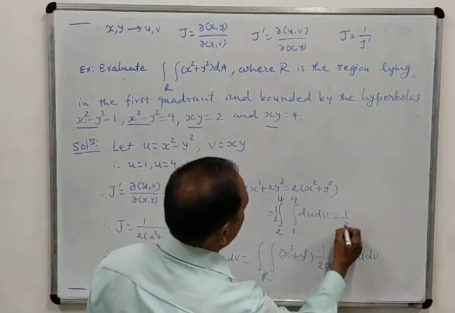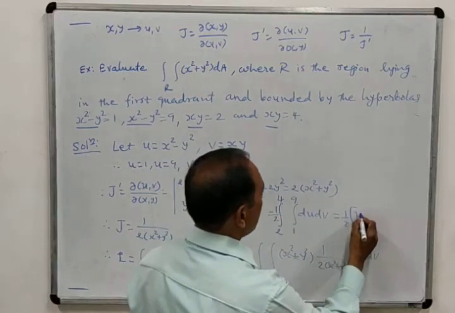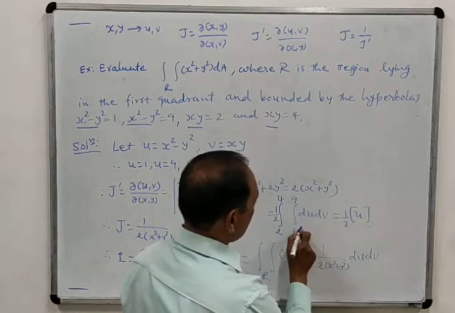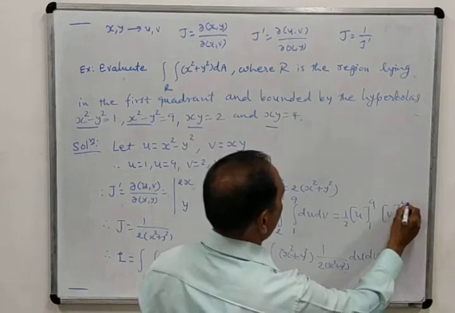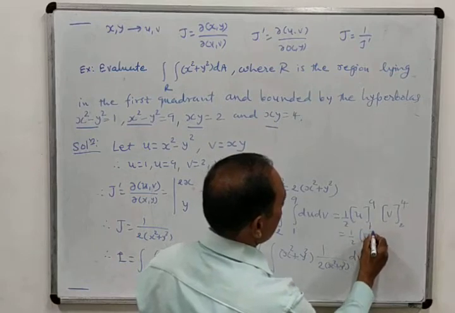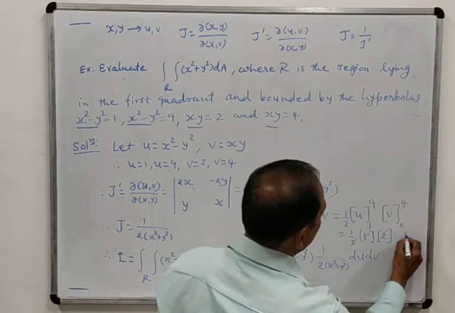So 1/2, here u and v are separated and these limits are also constant, so we can do this as the integral of du and the integral of dv. That means 9 minus 1, that is 8, and 4 minus 2, that is 2. So the answer is 8.